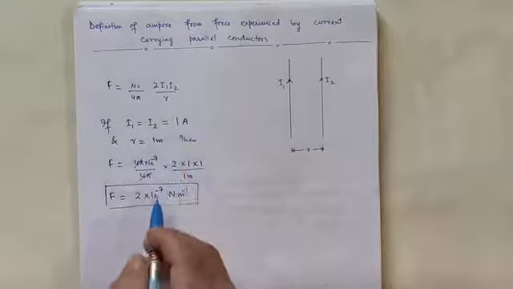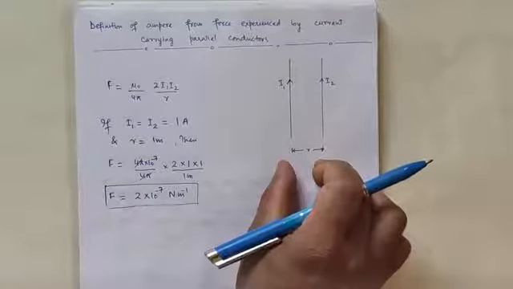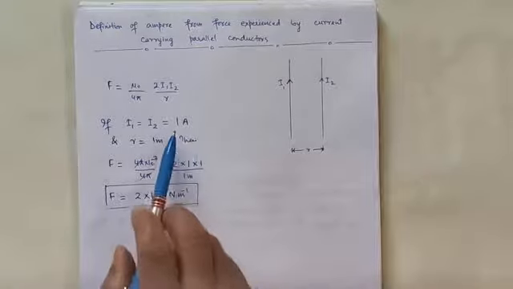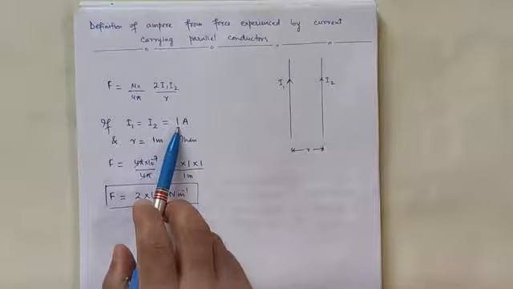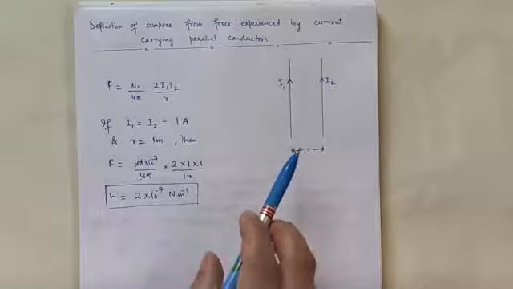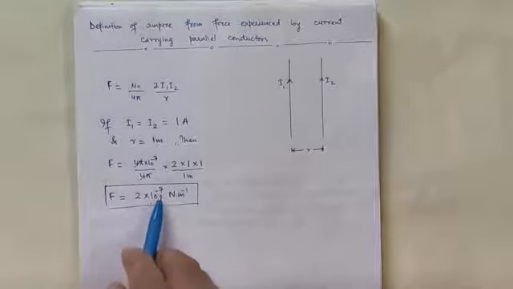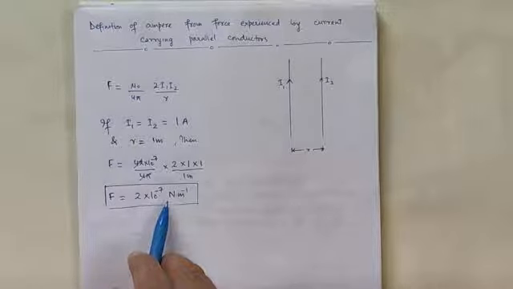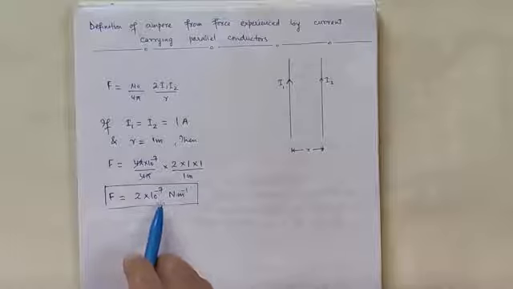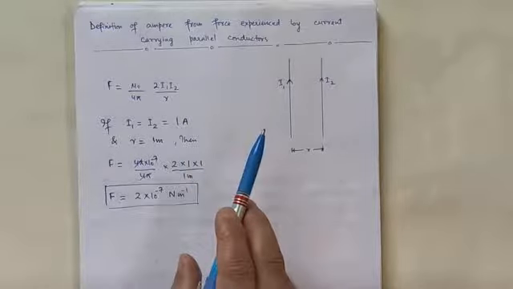So here we have obtained the force between two conductors carrying current equal to unity, means 1 ampere, and separated by a distance of 1 meter in vacuum. In that condition, they will experience a force of 2 into 10 raised power minus 7 Newton on each unit length of each conductor.